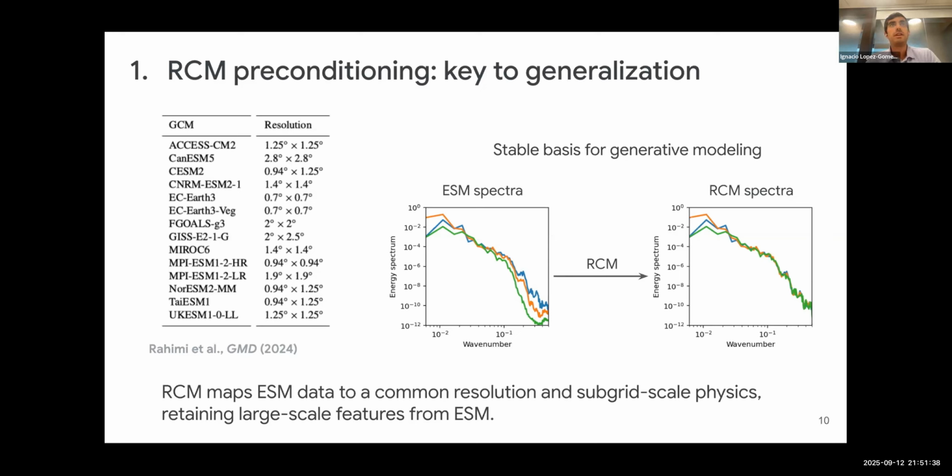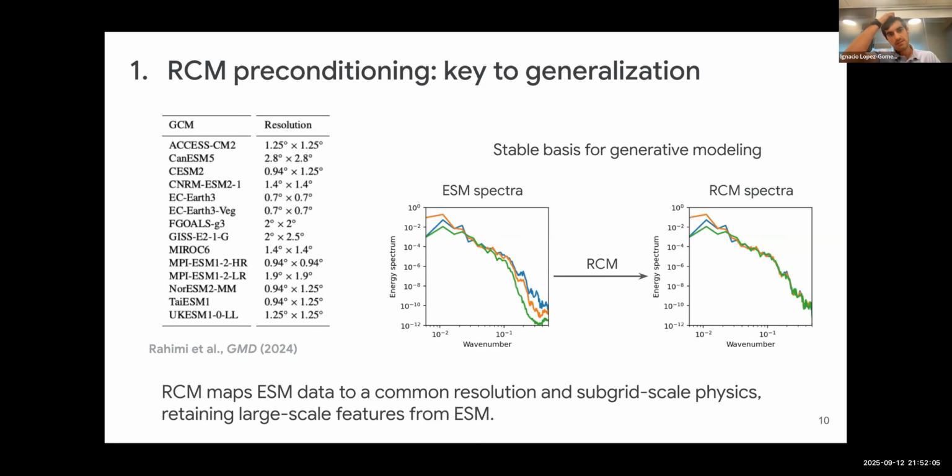And so if we think about just training a machine learning model on data from one of these climate models, say from Access CM2, the first model, and then we use that model on any of the other climate models, it's easy to understand that there's going to be a very, very strong generalization gap, just because the inputs that we're using for training are very different from the inputs that we would be using for inference.